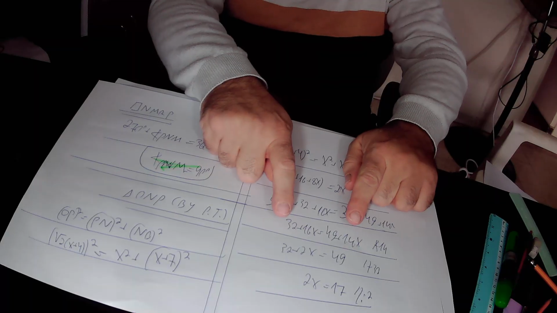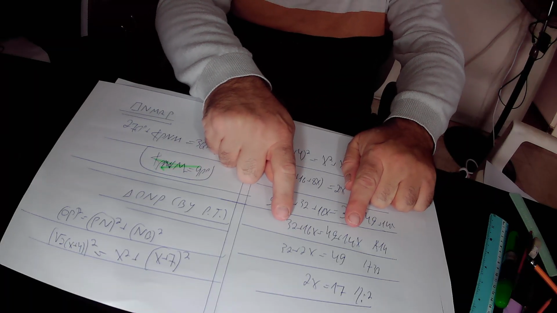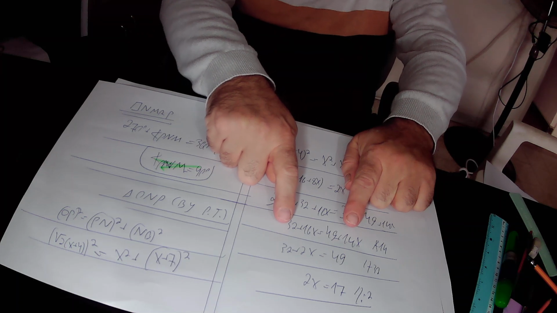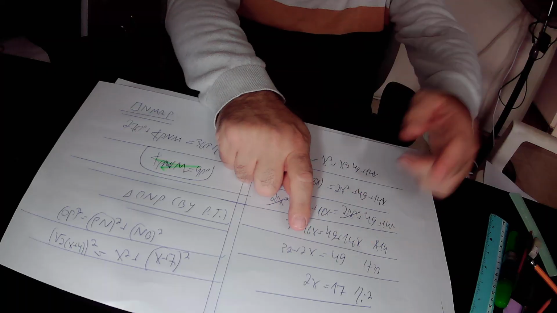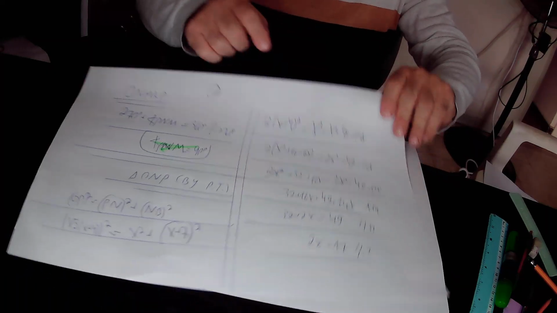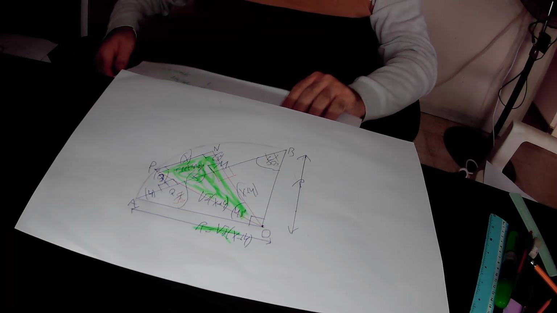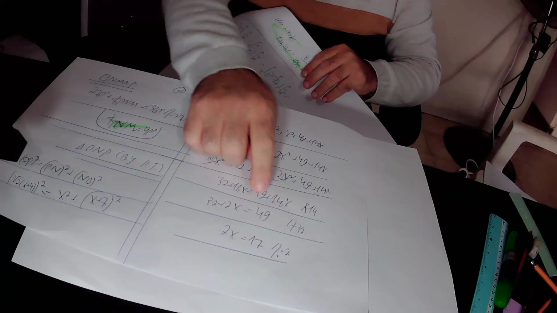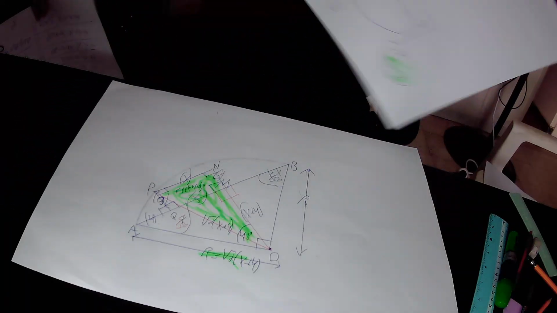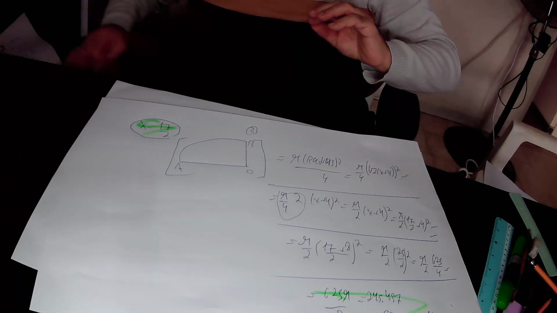So 32 plus 2x equals 49. Here we subtract 32 from this equation, and finally find out that 2x equals 49 minus 32, which is 17. So 2x equals 17. We divide this equation by 2, and finally find out that x equals 17 over 2.